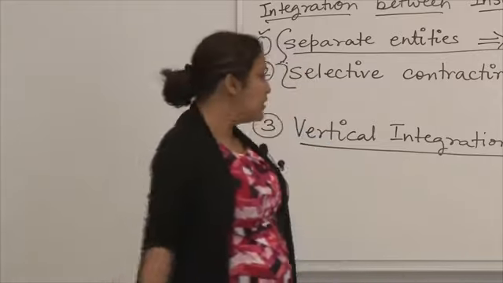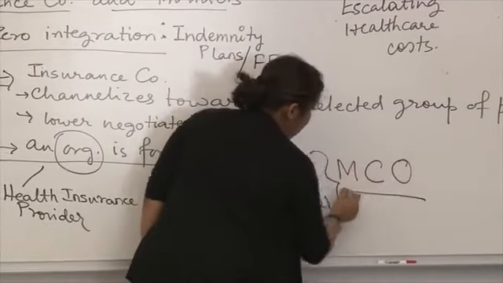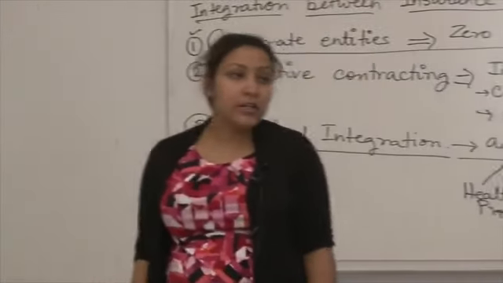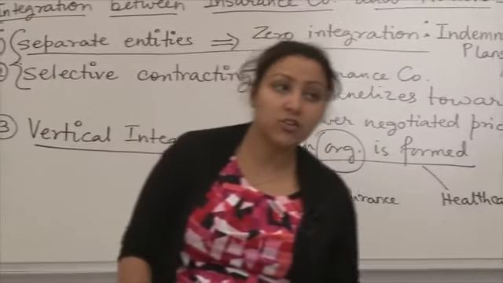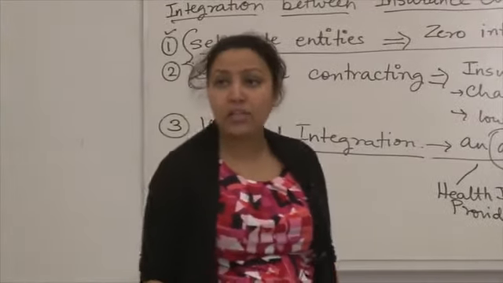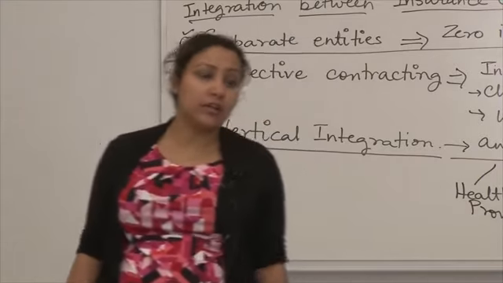Okay? This is the key feature of what is known as a managed care organization, MCO. So vertical integration, in another word, is the formation of a managed care organization. And what is a managed care organization?